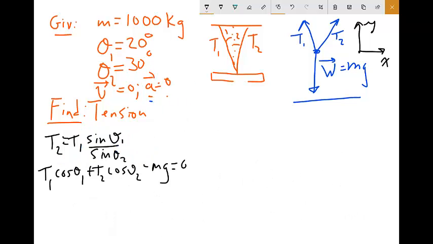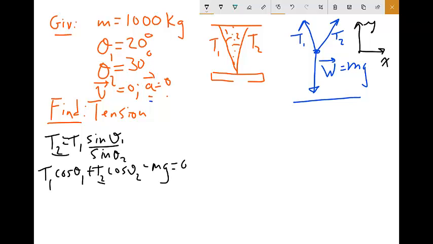Let me go through a little bit of the nauseating math for you, since maybe I do it a little differently than Professor Strubba does. So I'm going to just go ahead and substitute T2 into this equation and solve for T1.